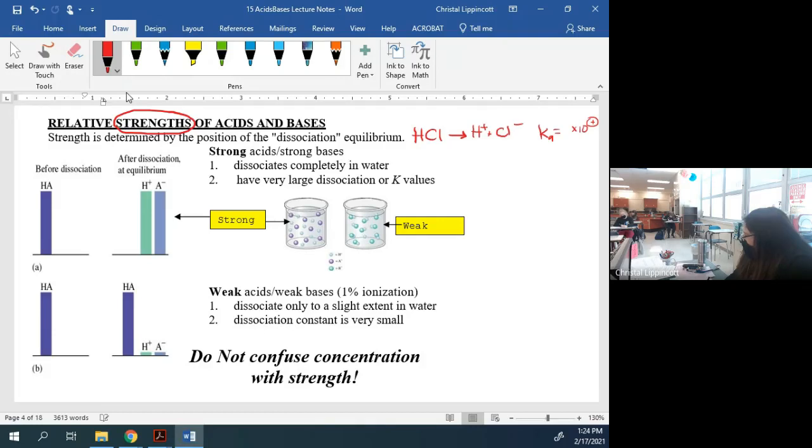Remember how we figure out a K value: we have the products on the top over the reactants on the bottom. That means that our products are going to dominate that situation. That is what makes something a strong acid or a strong base.